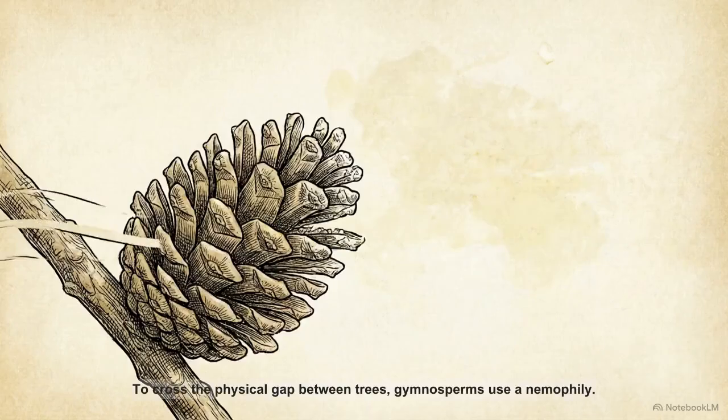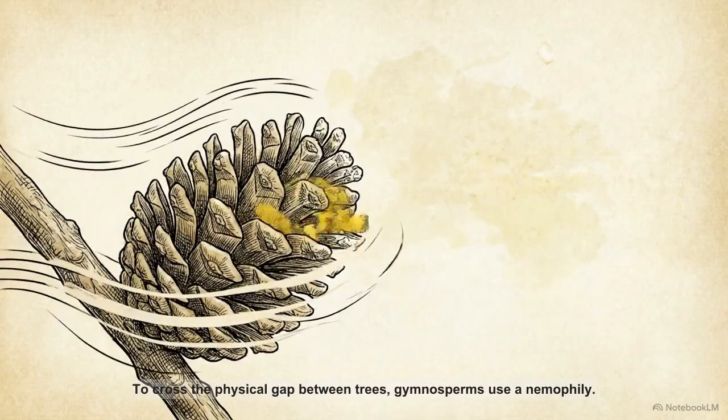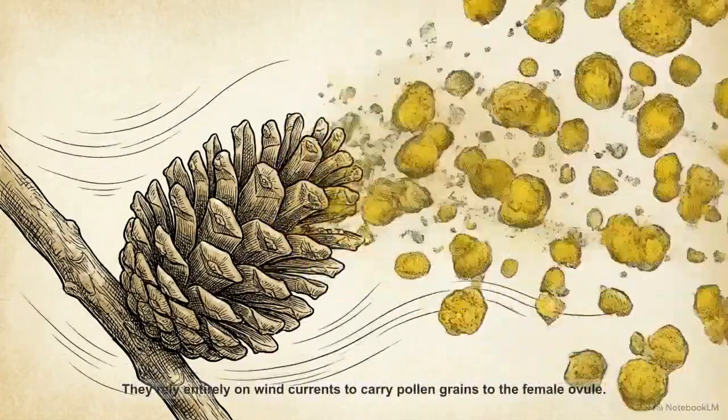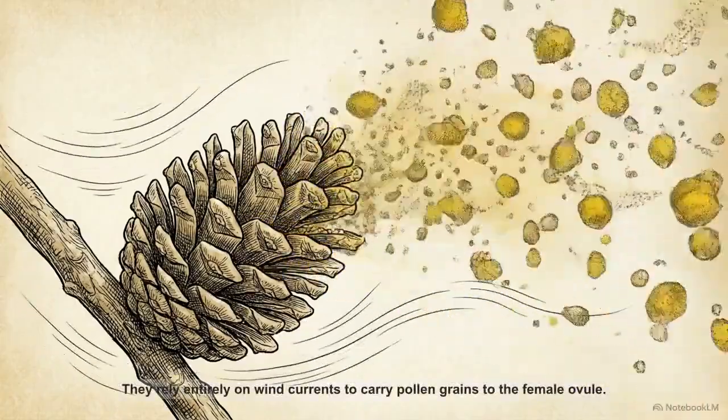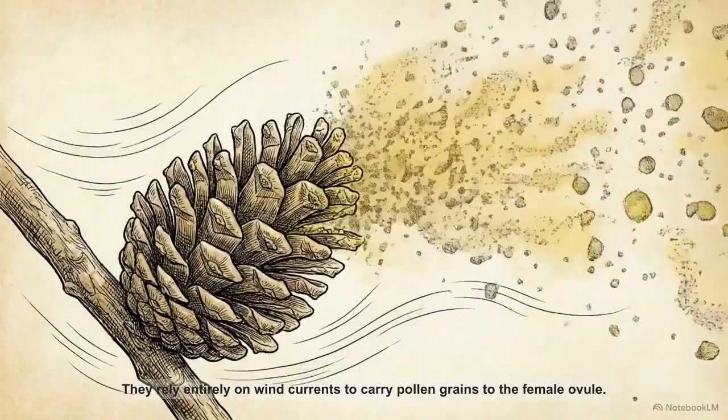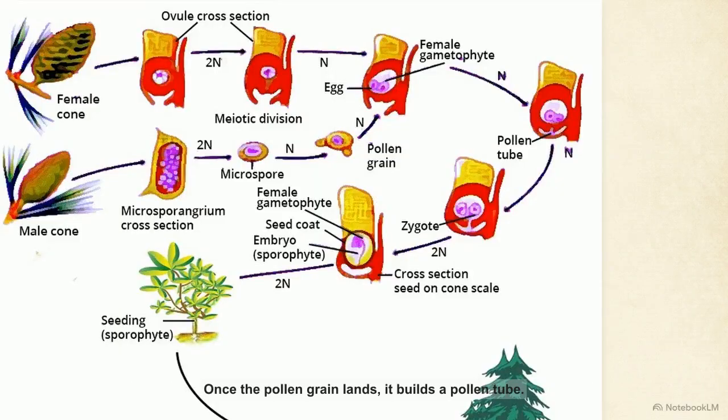To cross the physical gap between trees, gymnosperms use anemophily. They rely entirely on wind currents to carry pollen grains to the female ovule. Once the pollen grain lands, it builds a pollen tube.